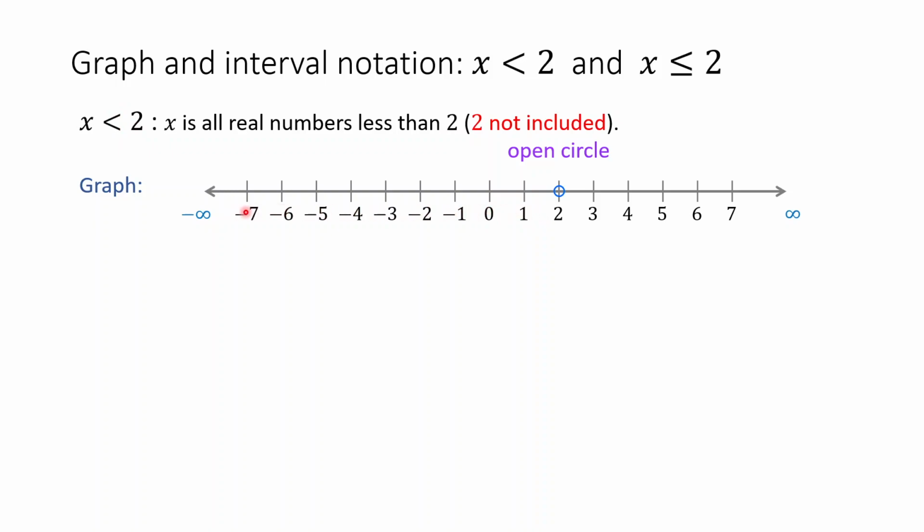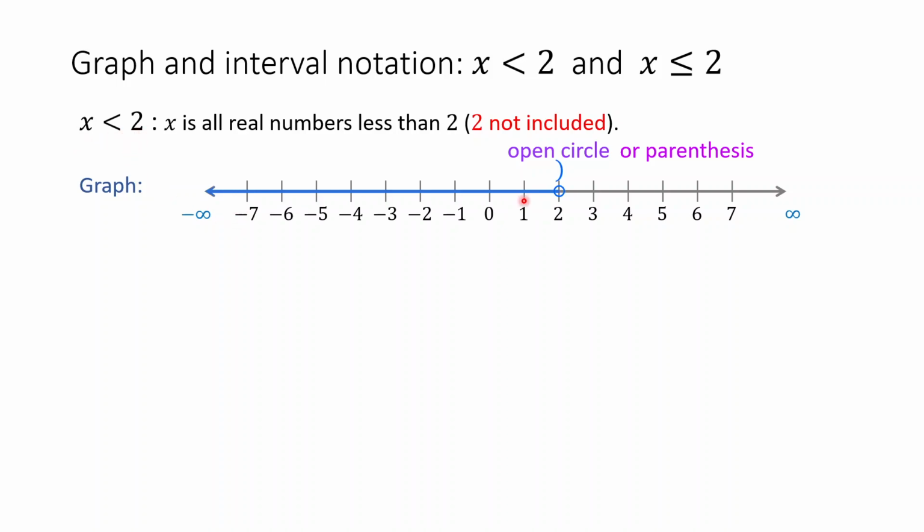All these numbers are less than 2. So you need to draw a line from here all the way to negative infinity. I put open circle here. You can also put parenthesis. So you need to put open circle or parenthesis, one of these. This is the graph of this inequality.